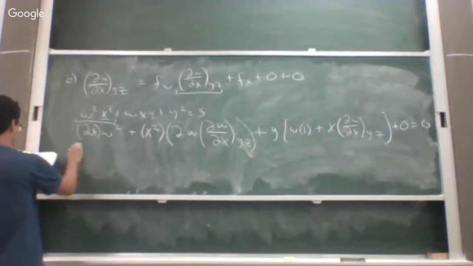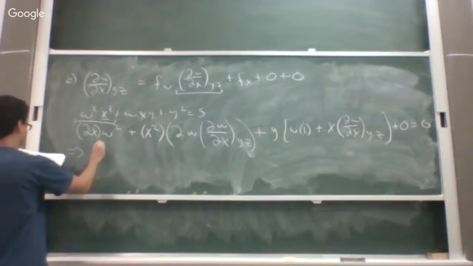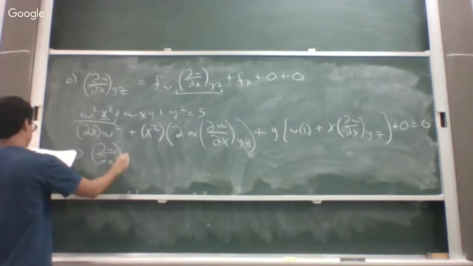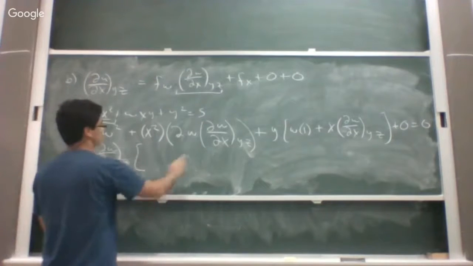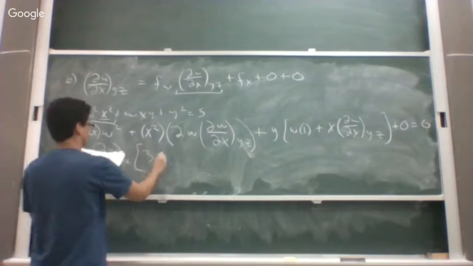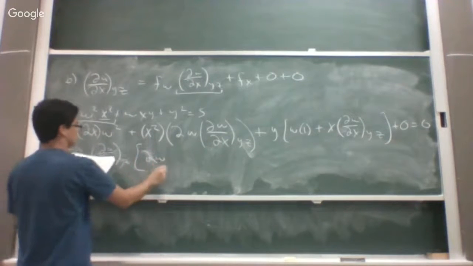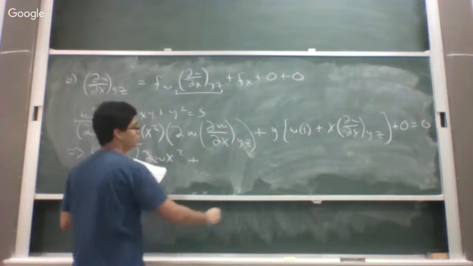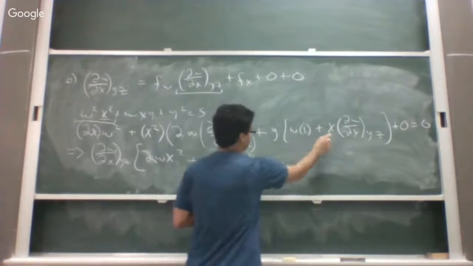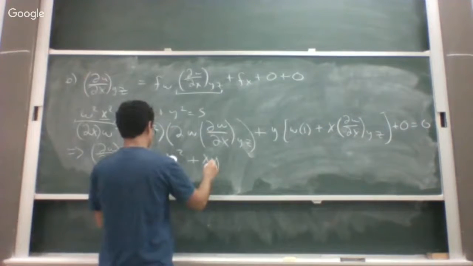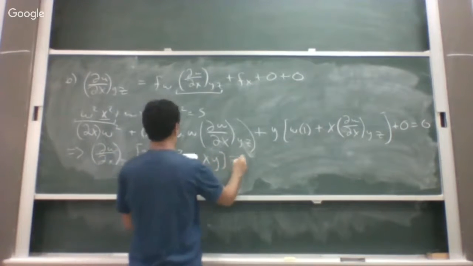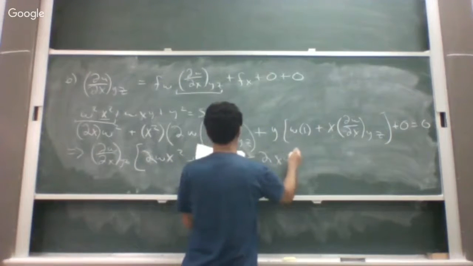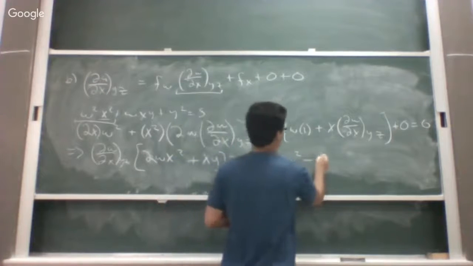So then again, we have to isolate stuff. So on this side, we have the partial of w over dx with y and z constant times 2wx squared plus xy. Don't forget the y out here. Equal to minus 2xw squared minus wy.